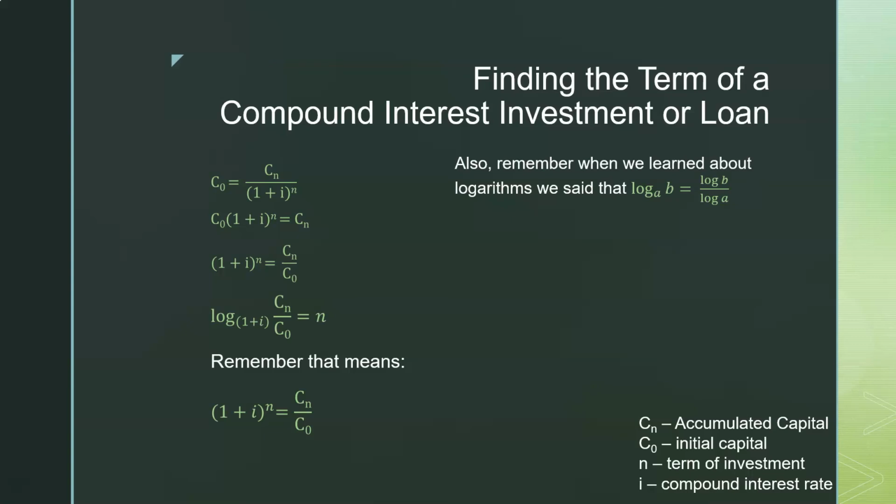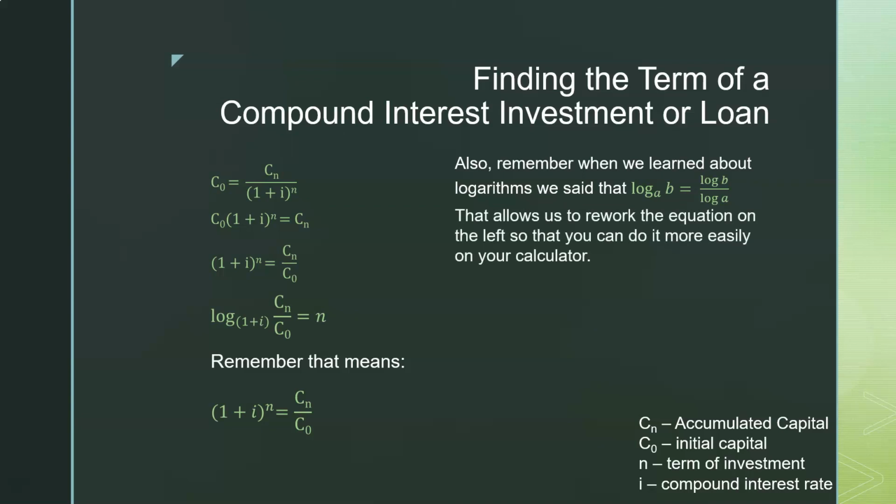Most calculators have the log base 10 function, so this makes it easier to do. That allows us to rework the equation so that you can do it more easily on your calculator. So ultimately we end up with n equals the log of the accumulated capital divided by the initial capital, and all of that has to be divided by the log of (1 + i).